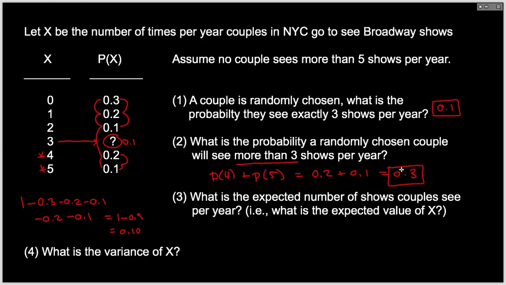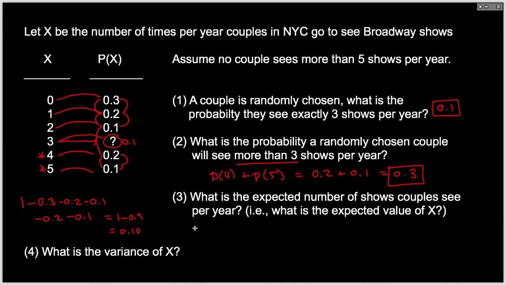Number 3 says, what is the expected number of shows couples see per year? Or in other words, what is the expected value of x? Now, the expected value for a general random variable problem is a little bit more difficult than the np we saw with the binomial. With these, you multiply this guy by this guy, plus this guy by this guy, and so on.